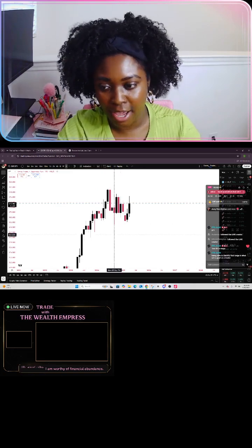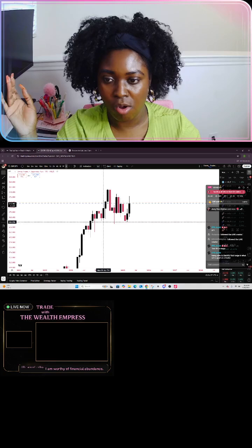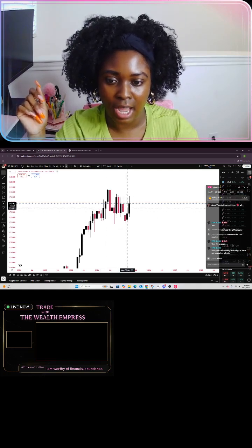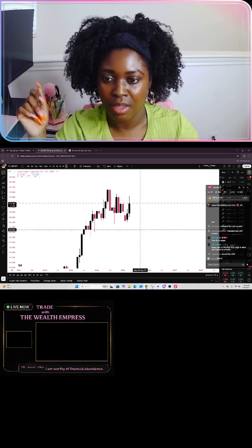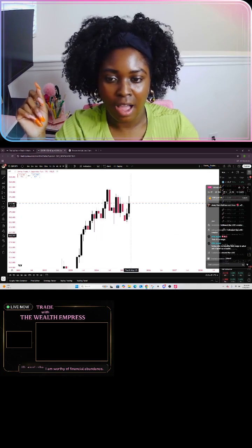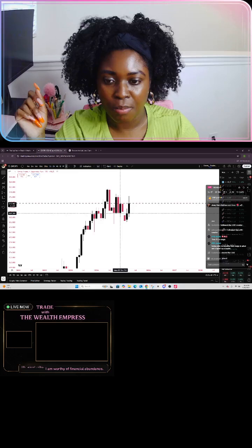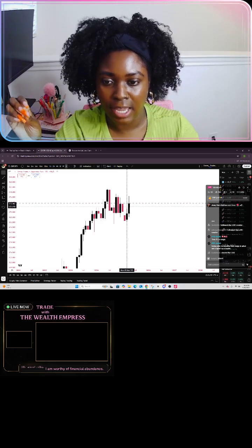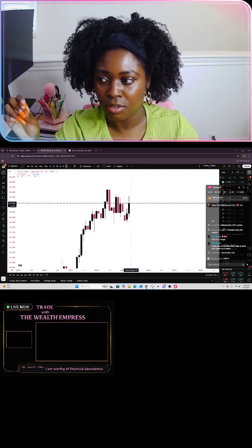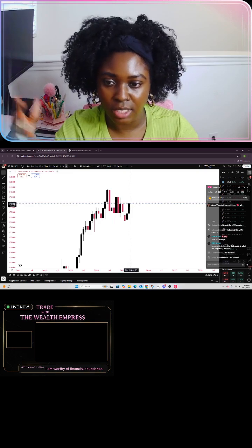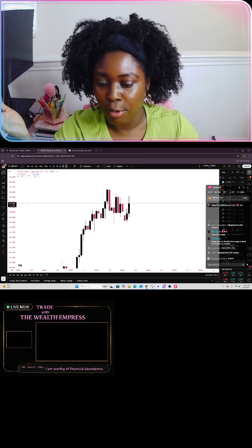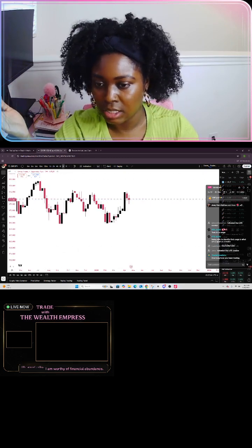The flag pattern is you have this long pole and then you have this sideways consolidation right here, right? Mark the monthly CRT here because price isn't near this monthly high. Price ended up here, right? And we have 3 days left, so it's looking like price is going to close on the higher side, but we don't know. So now we're going to go down to the weekly, all right?